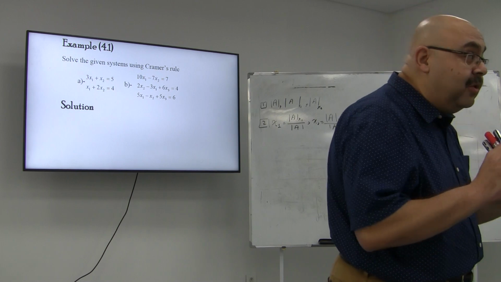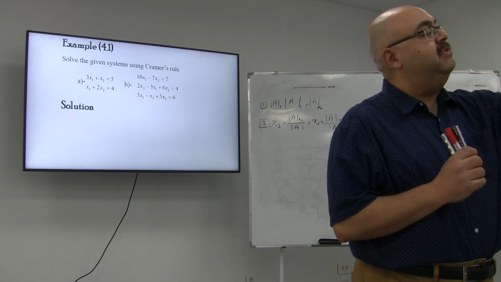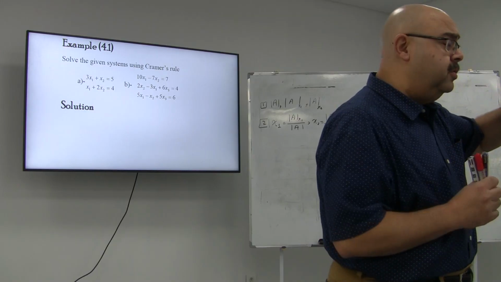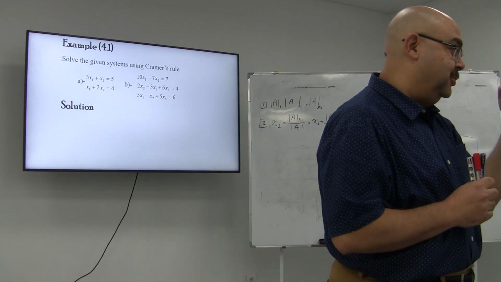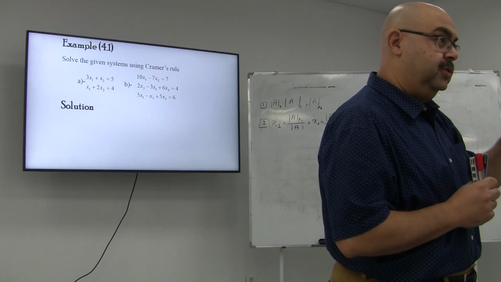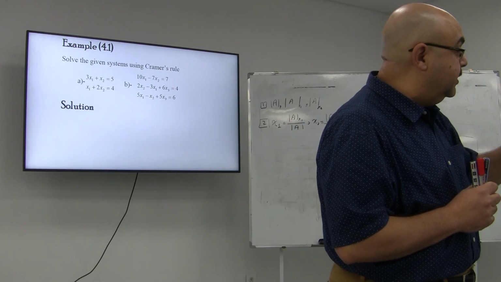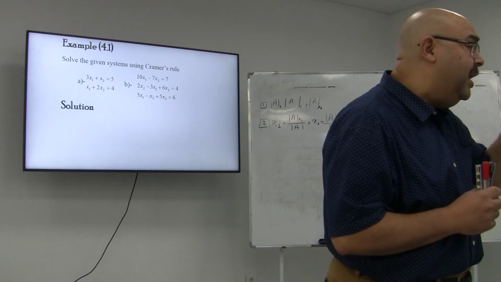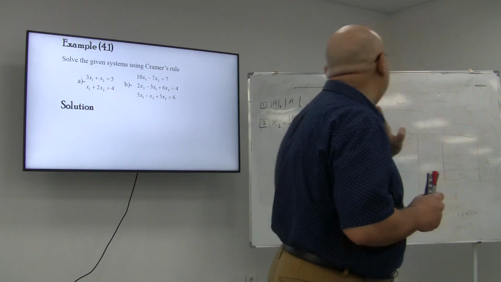If I have any coefficient matrix, now I can evaluate its determinant. If its determinant equals 0, this is not going to develop a unique solution. If its determinant isn't equal to 0, that means the coefficient matrix is not singular, and then you will have a unique solution.